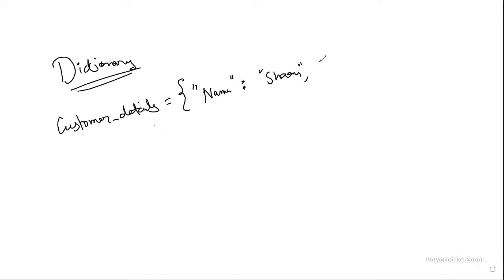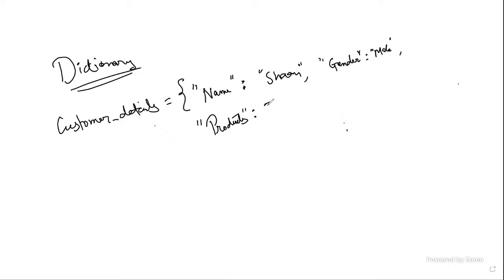Then you have, let's say, gender, say male. Let's say products. Now here, when you go into a market, you never buy just one product, you buy multiple products.